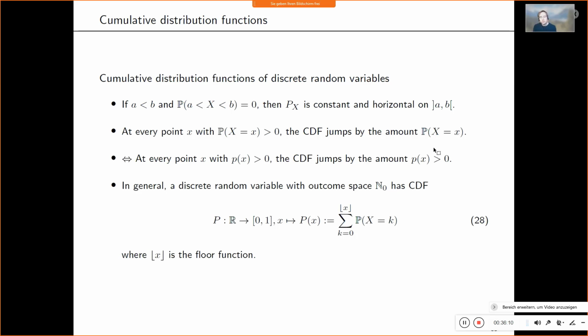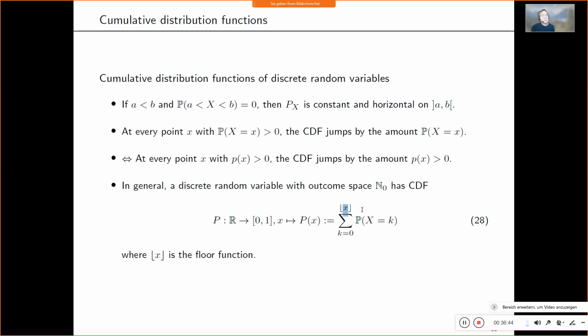And in general, a discrete random variable with outcome space the natural numbers including 0 has the CDF that corresponds to the sum of all probabilities of taking on these discrete values k, where the sum goes up to the floor of x, which is the nearest smallest integer.